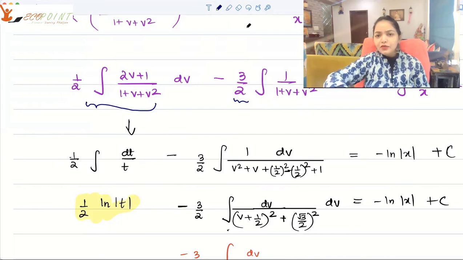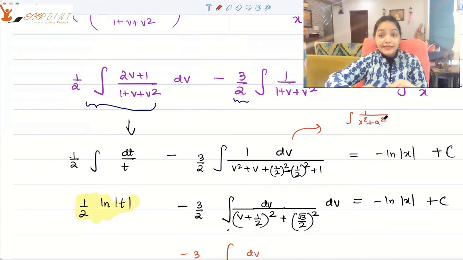You probably need to know some amount of integration for this. Otherwise, I'm just letting you know that we are trying to make it a scenario of 1 upon x square plus a square, which could be translated in terms of tan inverse.